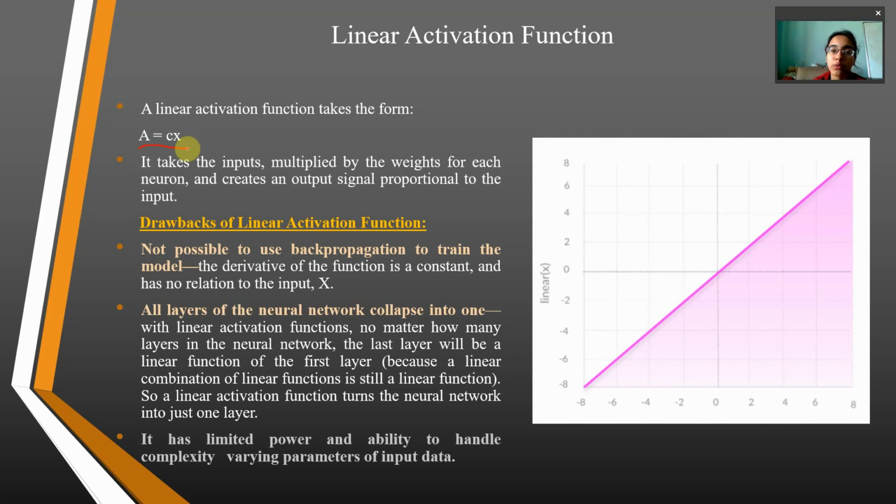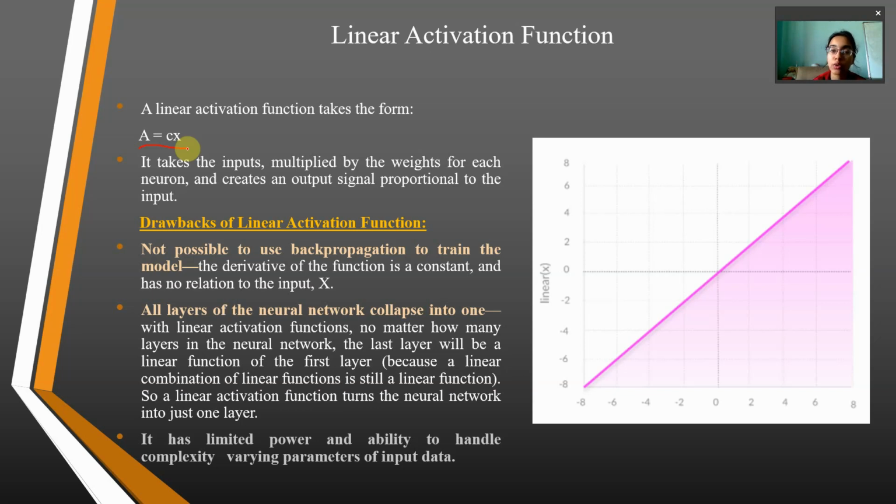But we cannot use this linear activation function in our neural networks. Why? Because there are two drawbacks. The first one is that we cannot use this linear activation function in backpropagation. Why? Because we already know that the backpropagation algorithm updates the weight in each epoch in order to minimize the loss function.